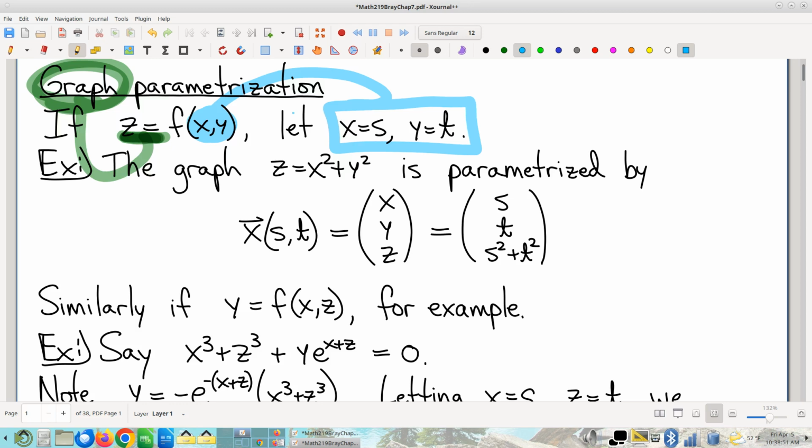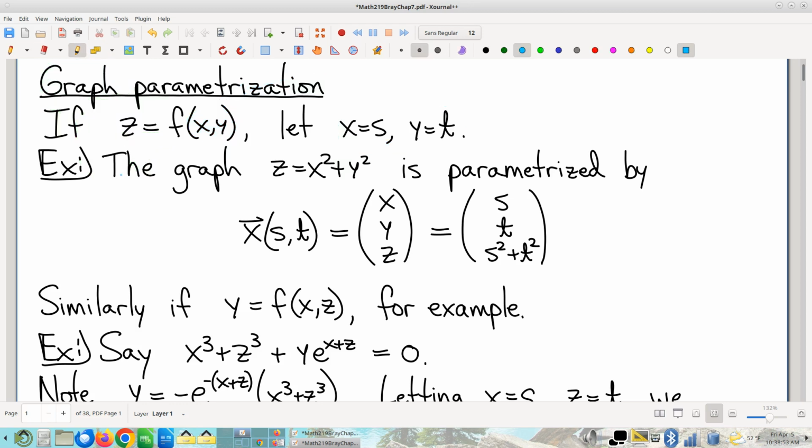So it works perfectly, and for example, you'll notice very quickly that this equation right here is a graph, right? Z equals... I'm going to follow the rule. I see that x and y are my input variables.